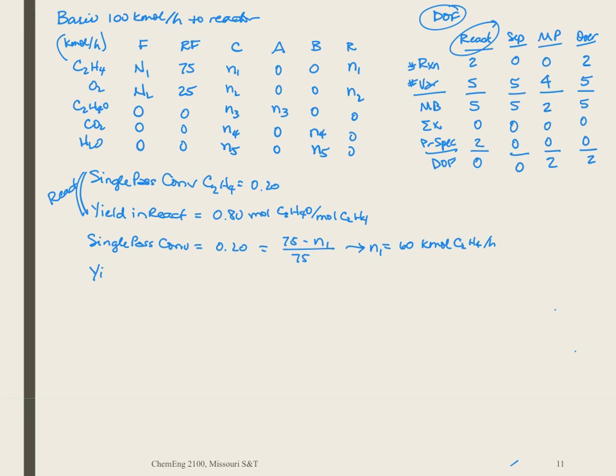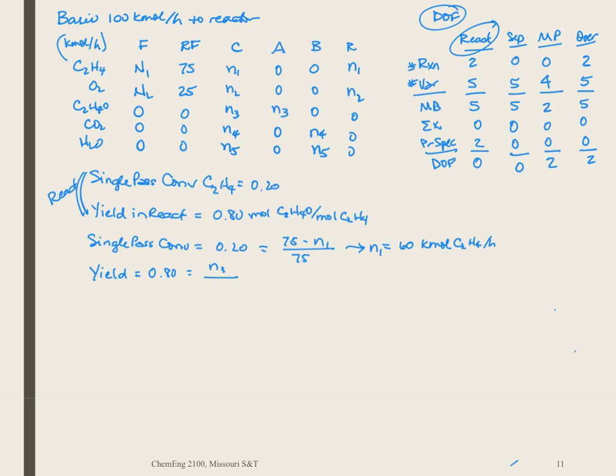Now the yield in this case is defined as 0.80 equals the moles of C2H4O that exit the reactor, which is N3, divided by the amount that could have been formed. Well, okay, actually, it's per mole of C2H4 that was actually consumed in the reactor. So this is a different kind of yield.